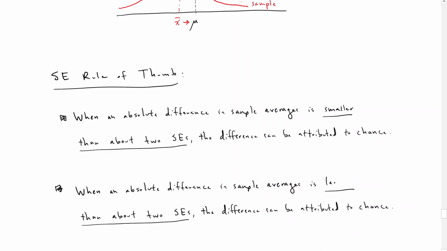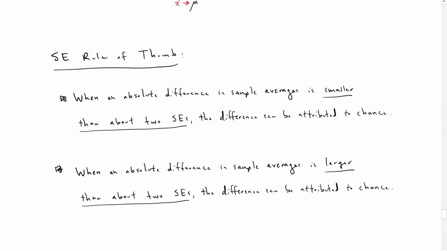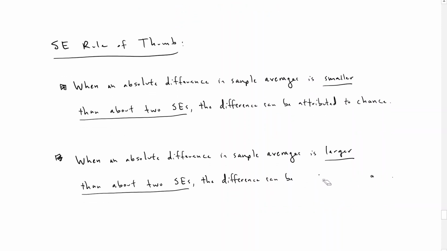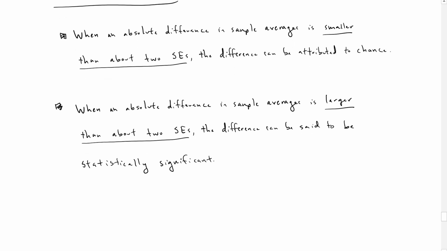So if the absolute difference is larger than 2 standard errors, the difference can be said to be statistically significant. Okay, that is, it's unlikely the difference is due to chance.